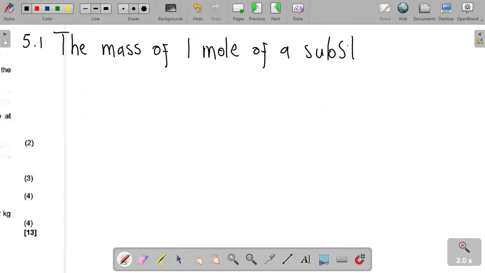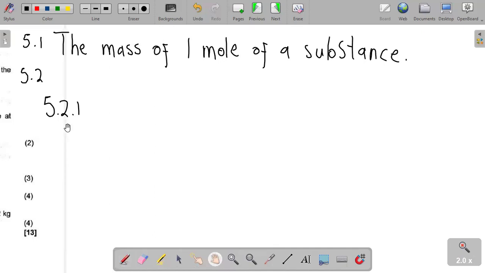The mass of 1 mole of a substance. So this is molar mass. The mass of 1 mole of a substance.